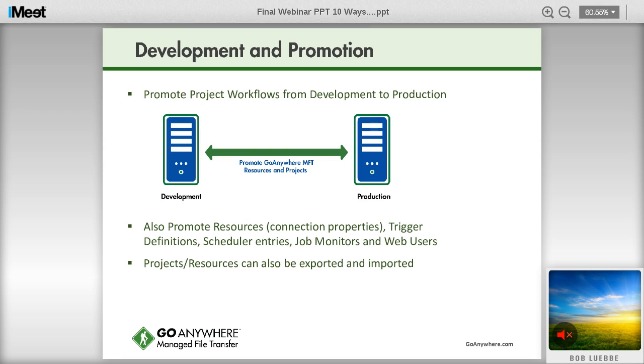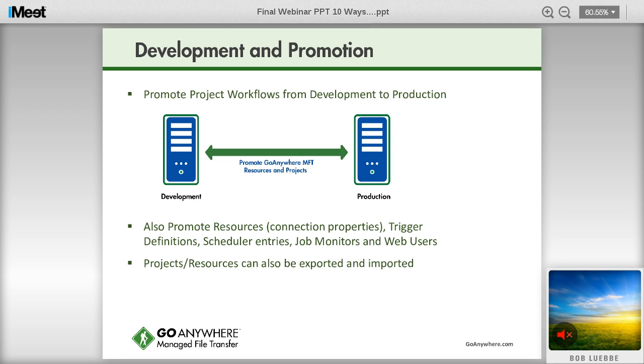All right. We've built GoAnywhere so you can have multiple environments. A lot of larger companies have a separate production and development environment. We've architected it so you can build your user accounts, your jobs, your schedules, your triggers, and so on in a development instance.